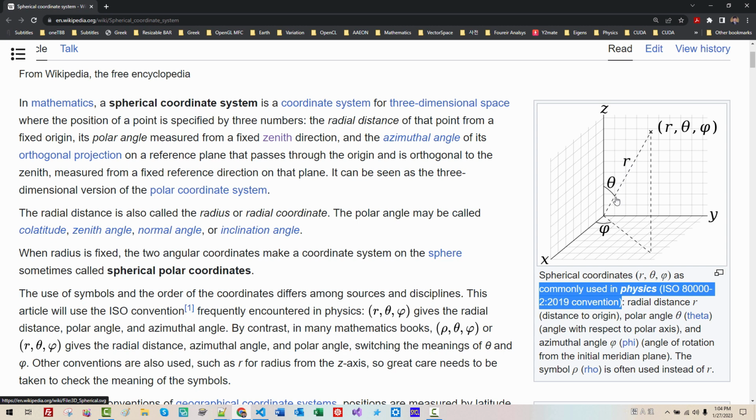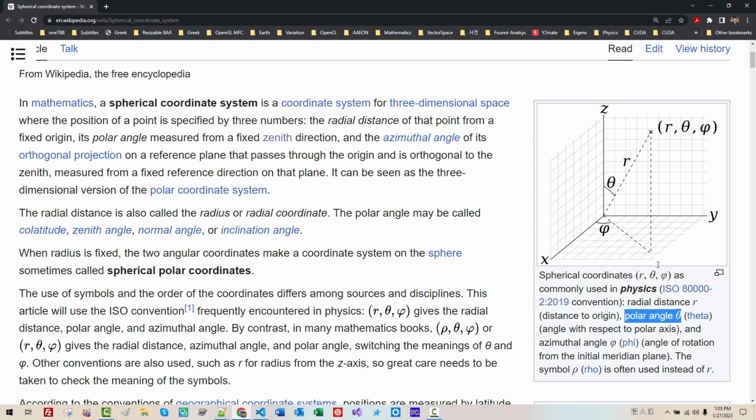R is radial distance. Theta is the angle measured from the axis of Z. This angle theta is called the polar angle. This symbol phi is measured from the x-axis counterclockwise on the xy plane. This angle is called the azimuthal angle.